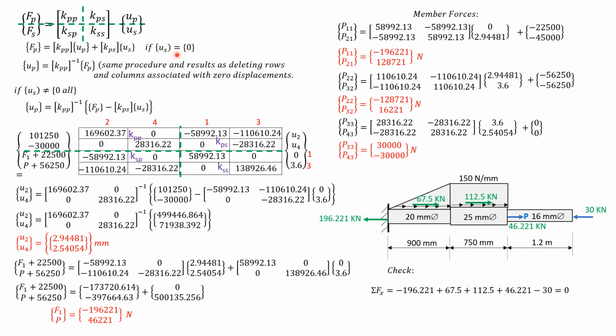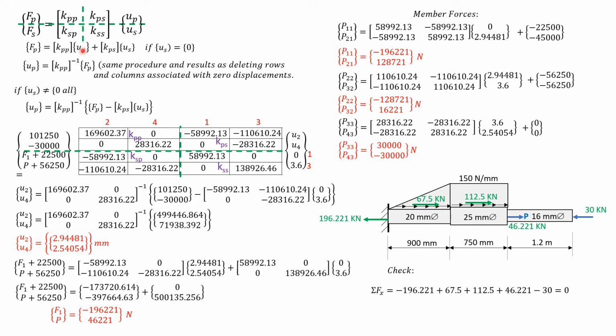But when US is not entirely 0, or some of these displacements are given, that's like in this problem. So one is 0 and the other is given 3.6. Then we are forced to solve for U sub P because this is known. We can evaluate the value of this. So after we transpose this to the left, then we have force matrix, which are known, minus this value, which can be calculated, is equal to KPP UP.